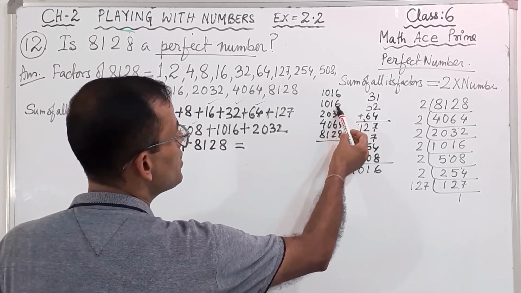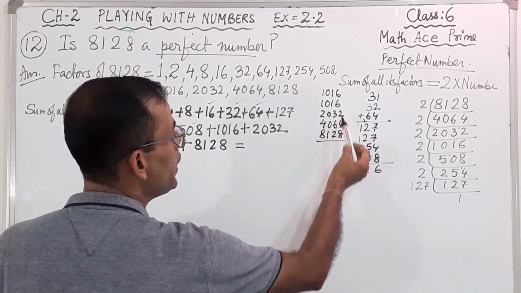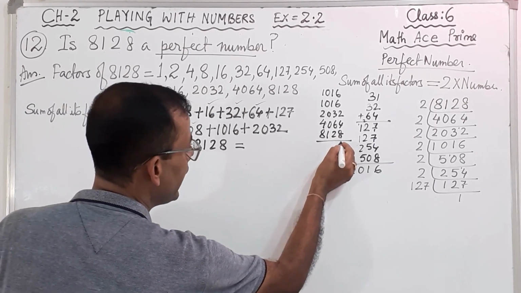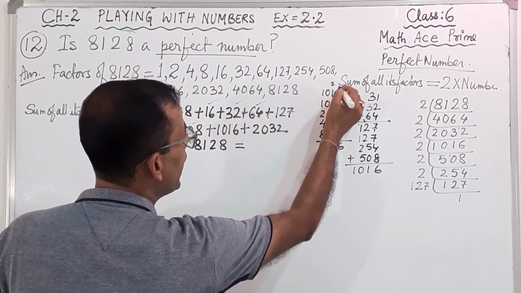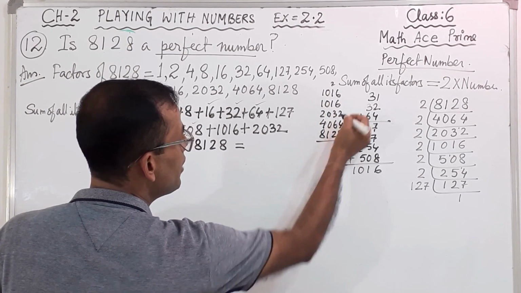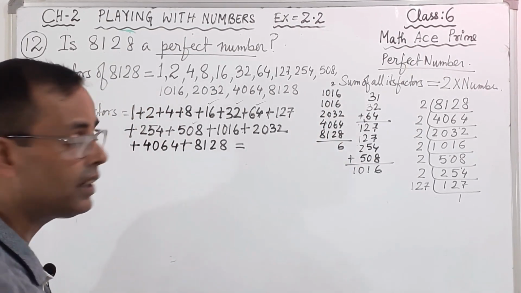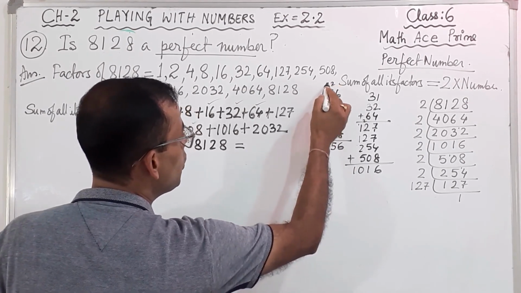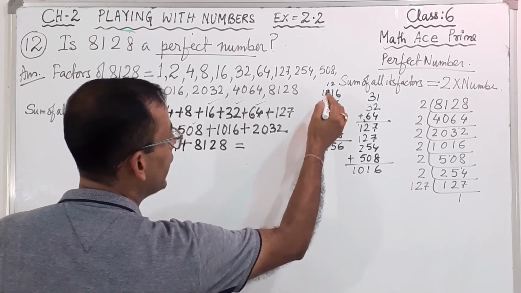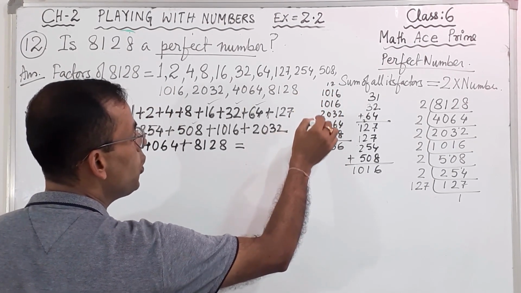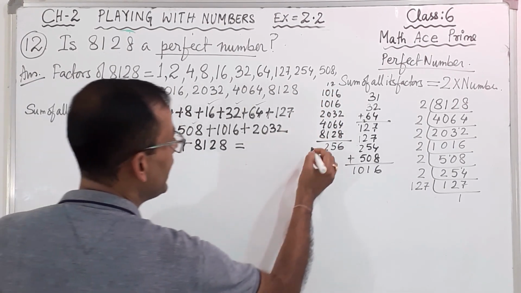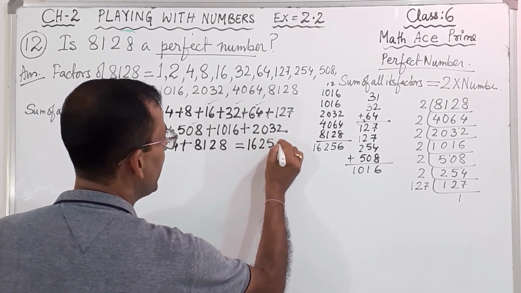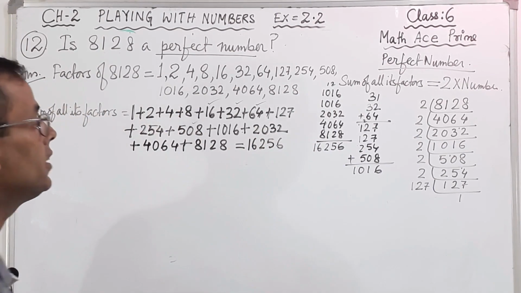So 6 plus 6, 12. 13, 14, 18, okay, 14 plus 4, 18 plus 8, 26, 2 carry, 2, 3, 4, 5, 6, 7, 7 plus 6, 13, 13 plus 2, 15, 1 carry, 1 and here 1, 2 and now here 1 plus 1, 2, 3, 4, 4 plus 4, 8, 8 plus 8, 16. So 16256. So you are getting this one.